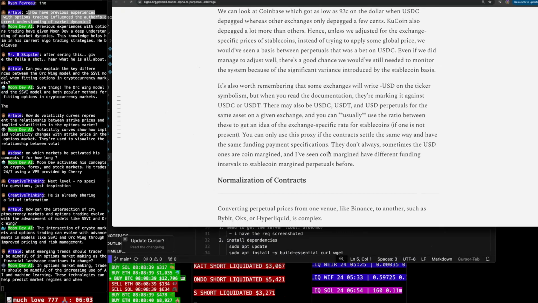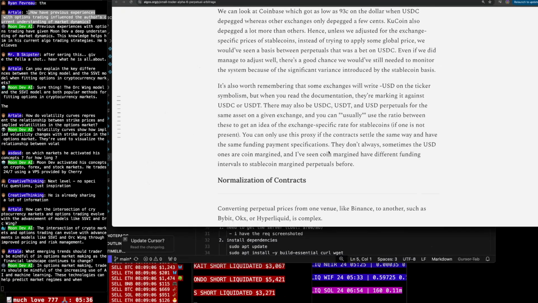There may also be USDC, USDT, and USD perpetuals for the same asset on a given exchange, and you can usually use the ratio between these to get an idea of the exchange specific rate for stablecoins. If one is not present, you can only use this proxy if the contracts settle the same way and have the same funding payment specifications.